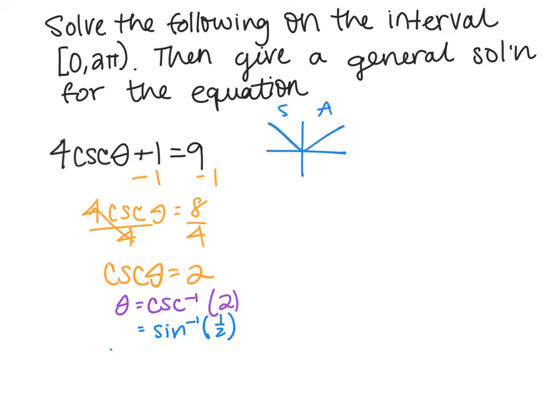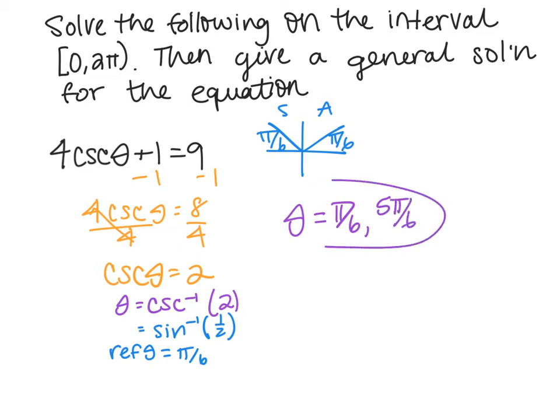And then our reference angle for inverse sine of 1/2 is pi over 6. So we have the pi over 6 angle in the first quadrant, pi over 6 angle in the second quadrant, which means our two answers to this problem from 0 to 2 pi would be pi over 6 and 5 pi over 6.